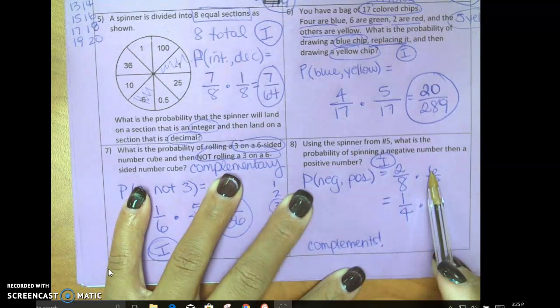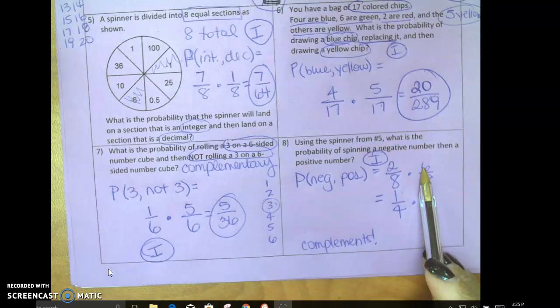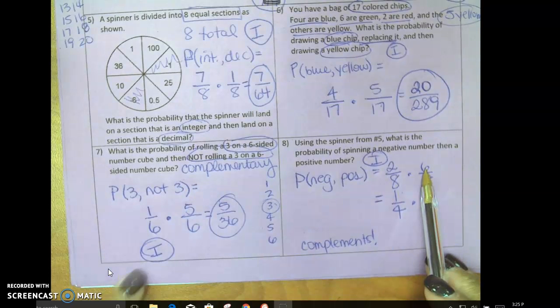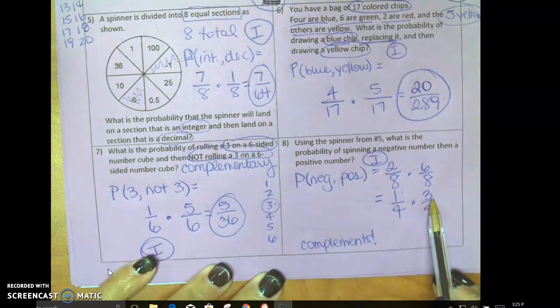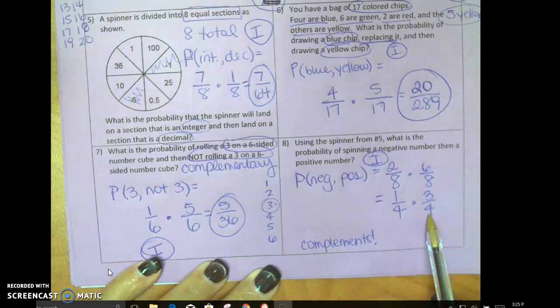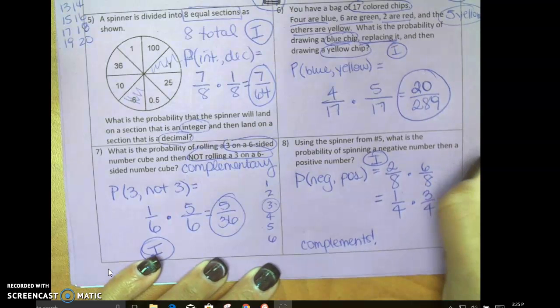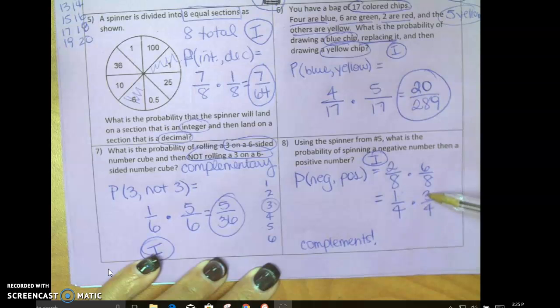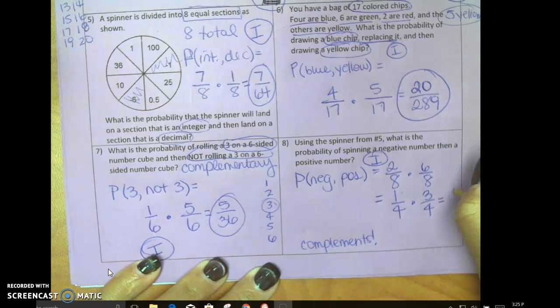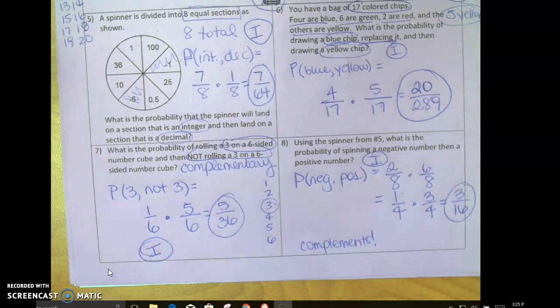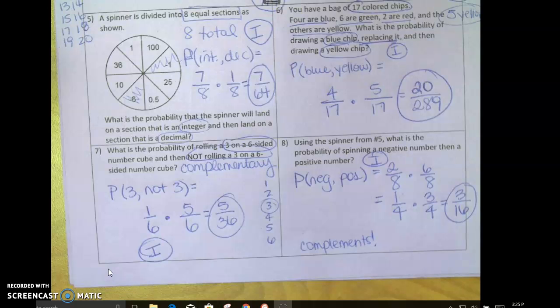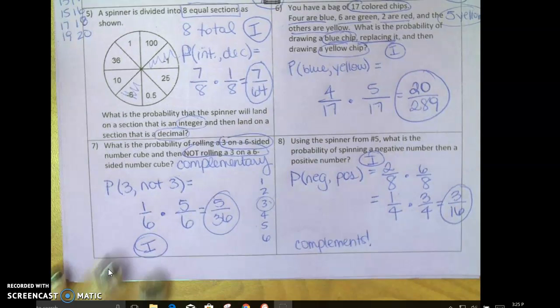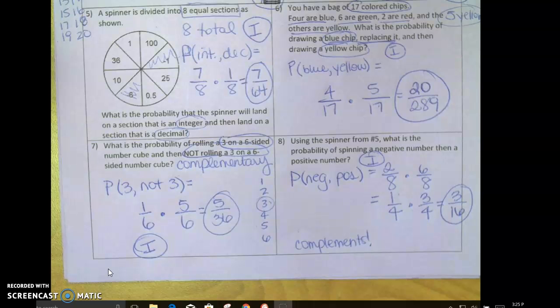So 2 plus 6 is what? 8. 1 plus 3 is what? 4. Okay, as long as I'm getting the denominators, I'm good. Now multiply. 1 times 3? 3. 4 times 4? 16. 3/16 is my probability of spinning a negative number and then a positive. I cannot simplify 3 and 16 because the only factor they have in common is 1.